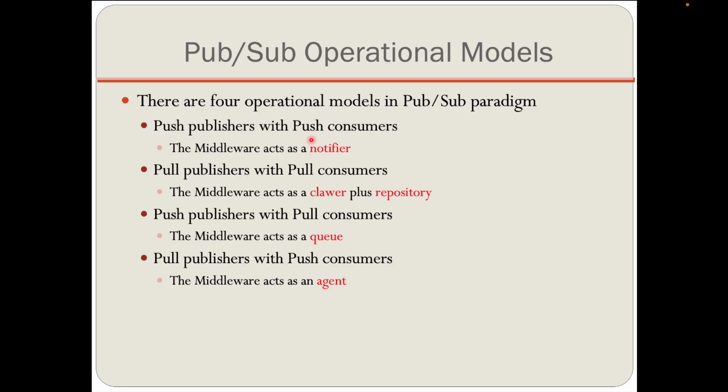After that, the consumer or subscriber also needs to go to the repository provided by the middleware to retrieve the information they are interested in. Of course, how the middleware will know there's something new on the publisher's disk, or how the consumer will know there's new information they may be interested in, is another issue.